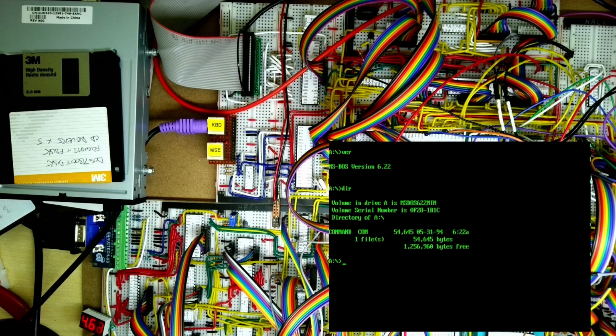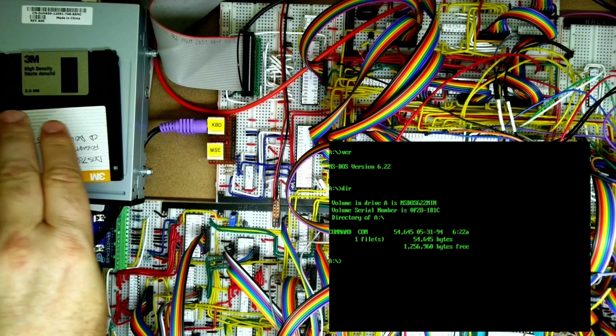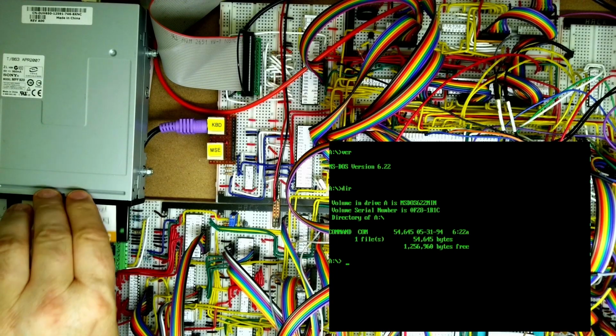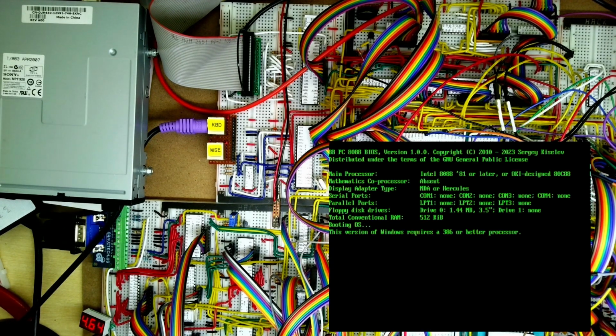And just to round this off, what I will just do is try and boot up MS-DOS 7 or Windows 95. Now this won't work because we don't have a 386 processor, but we'll just check to see if that's working. As expected, this version of Windows requires a 386 or better processor.